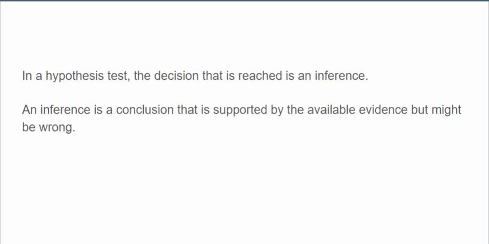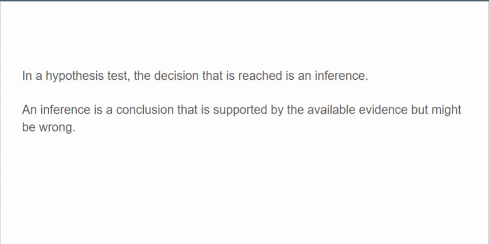That's rejecting the null hypothesis. So in the jury analogy, a conviction is rejecting the null hypothesis, rejecting the null hypothesis of innocence. If the jury acquits the person, the jury is saying that the evidence isn't strong enough, so we're going to assume that the person is innocent. That is retaining the null hypothesis of innocence.